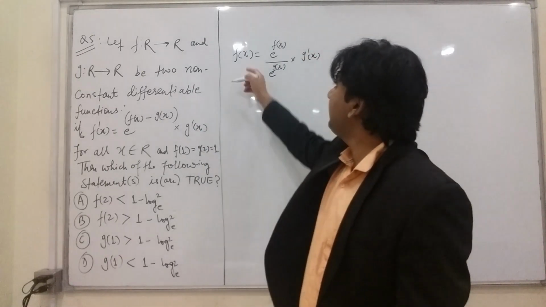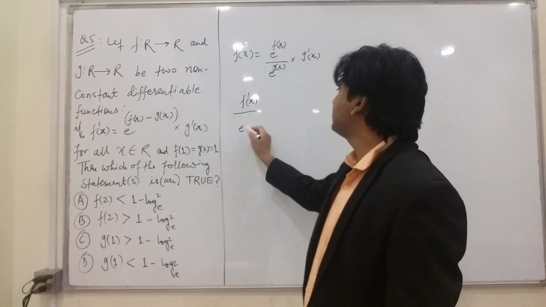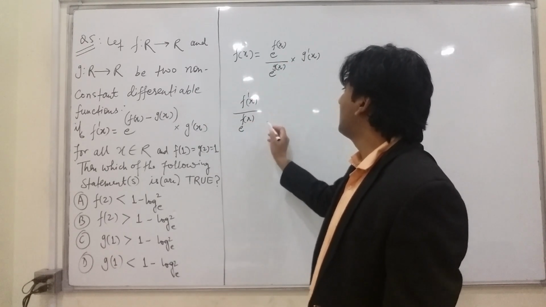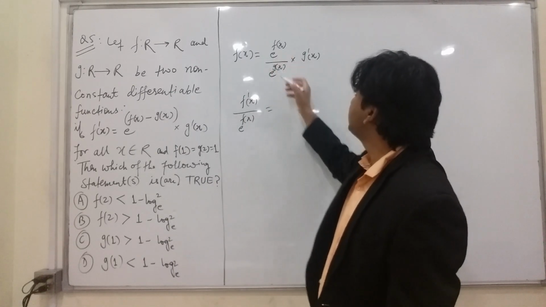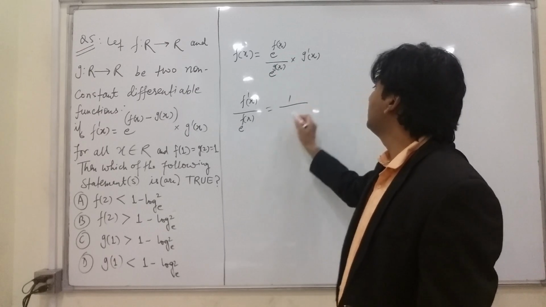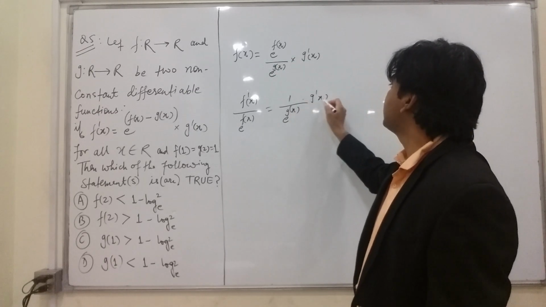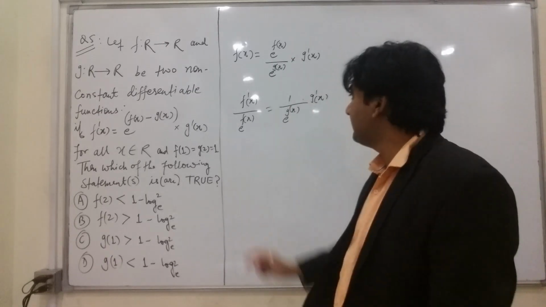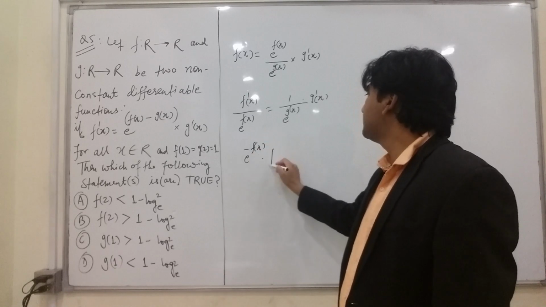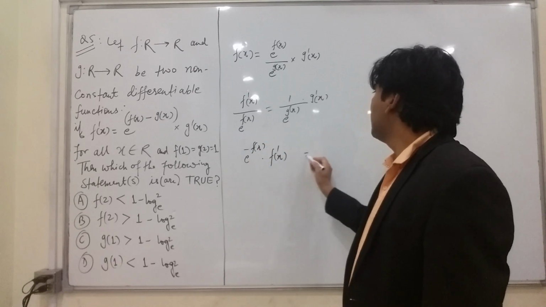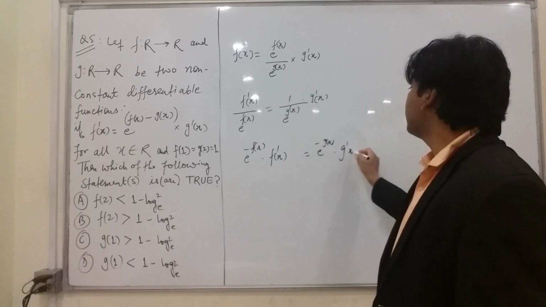Now this f'(x) over e raised to f(x) equals 1 over e raised to g(x) times g'(x). Okay, and then you can write e raised to minus f(x) times f'(x) equals e raised to minus g(x) times g'(x).